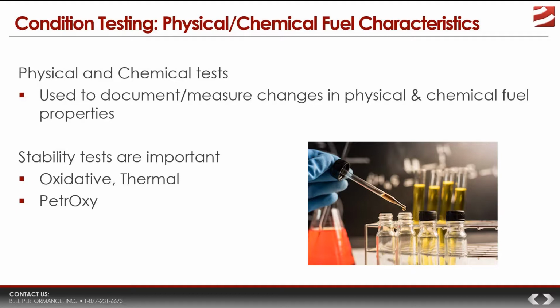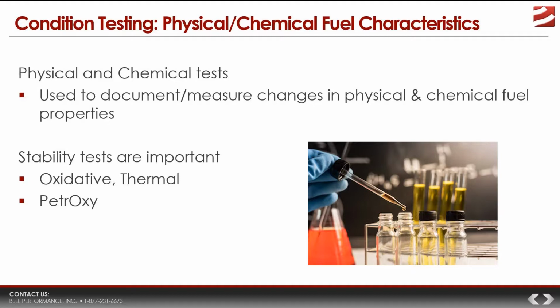PetroOXY is actually the preferred stability test for ultra-low sulfur diesel fuels. Now, if you've gone through the stability training that we've done in the past, and if you're just watching this on the Bell YouTube channel, you can find that in the playlist.